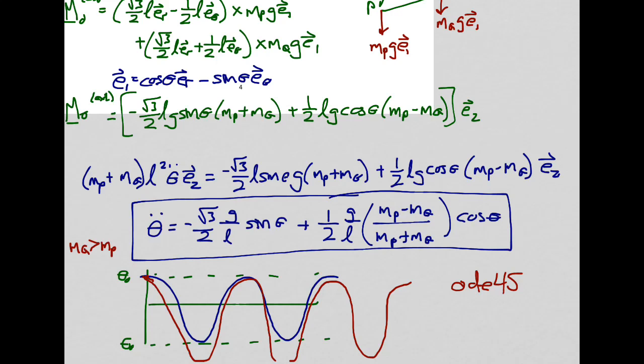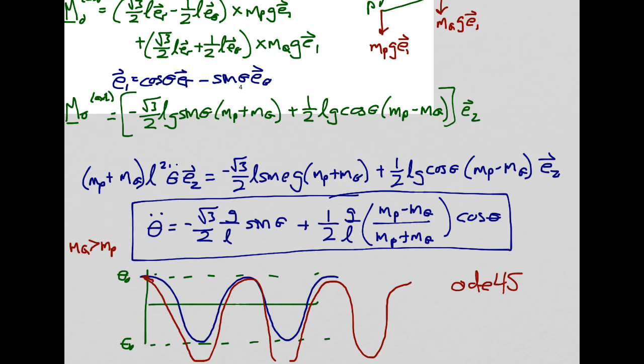So using our total angular momentum, taking the time derivative, setting that equal to the moment about that inertially fixed point, O, due to only external forces, we can get pretty quickly this equation of motion. Now you could also do this by calculating F equals ma for either particle.